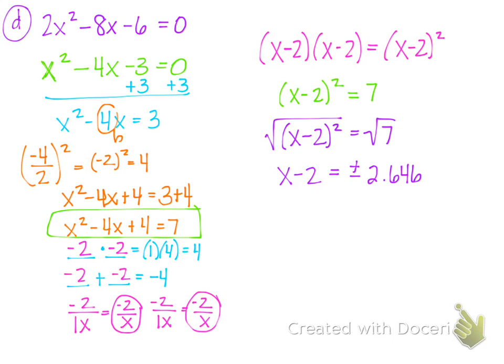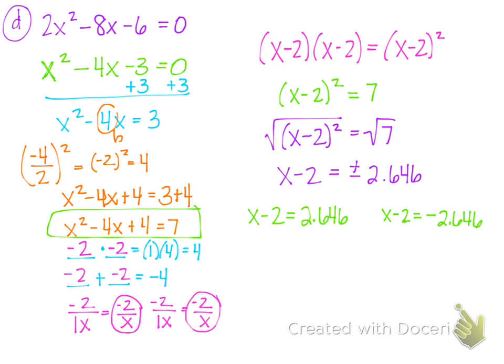So, like usual, let's write our two things based on the plus or minus. So we have x minus 2 is equal to positive 2.646. Then we have x minus 2 is equal to negative 2.646.